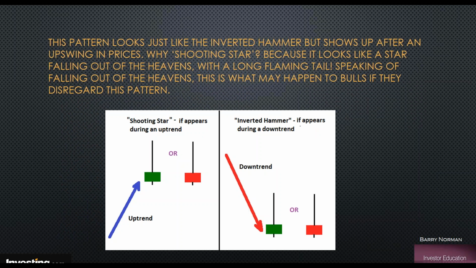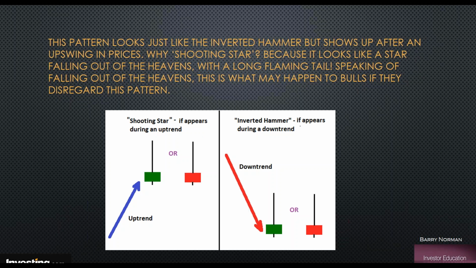So, the pattern looks just like the inverted hammer, but shows up after the upswing in price. Why shooting star? Because it looks like a star falling out of the heavens. So what do we have? We have a morning star and an evening star, and then we have shooting stars. Shooting stars are so named because it looks like a star falling from the heavens with a long flaming tail.